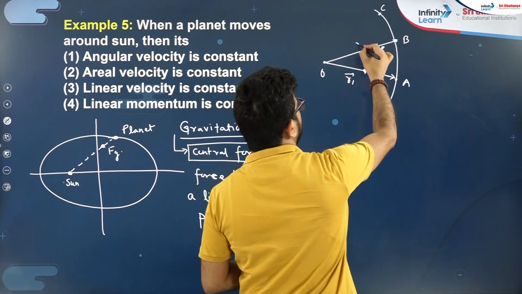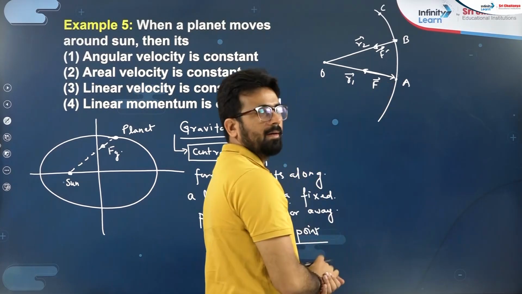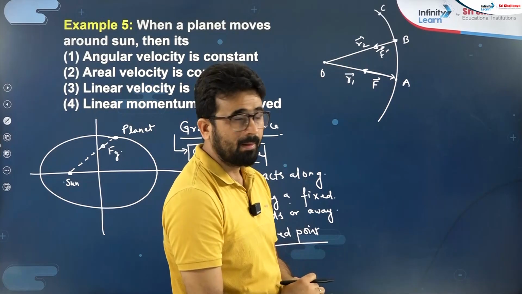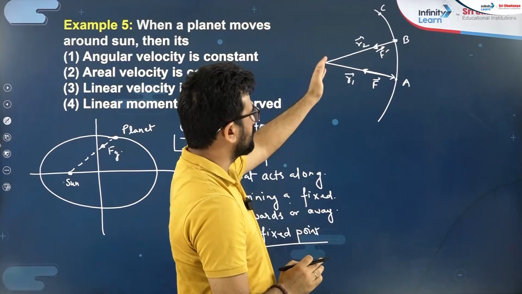This is R2, and this is F prime. Maybe the force is changing, but its direction is always towards this fixed point.